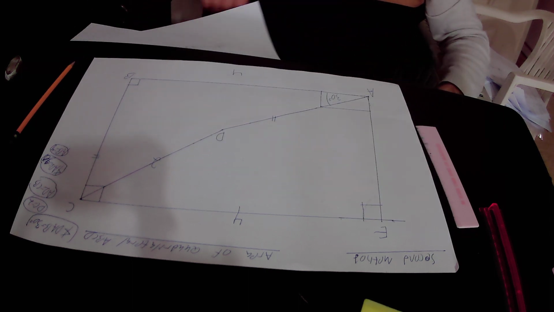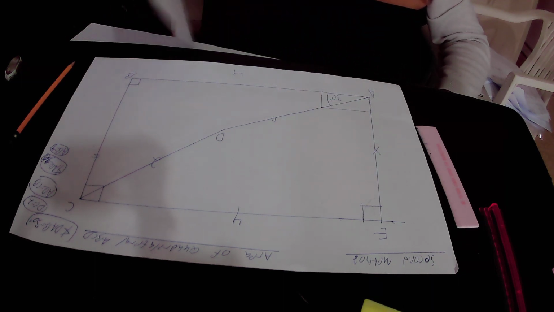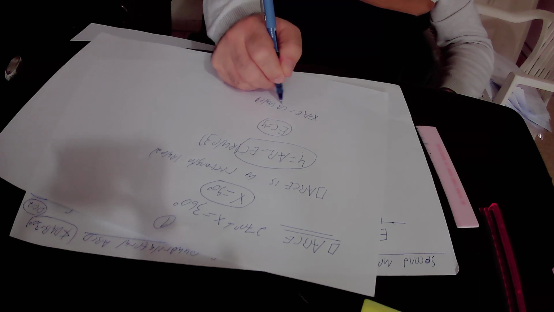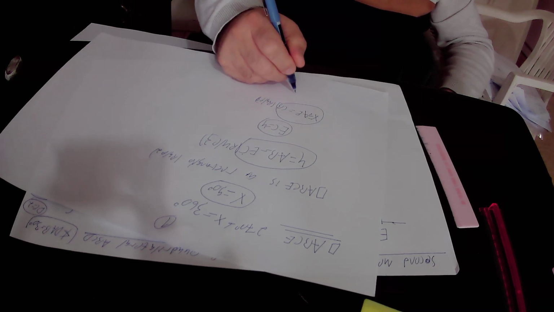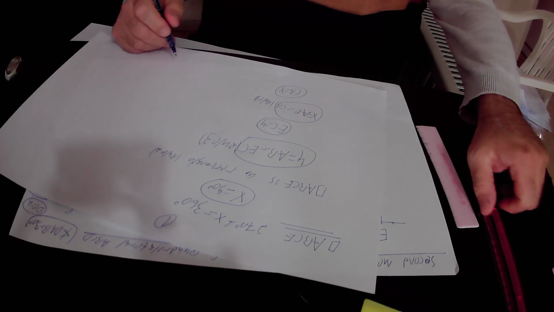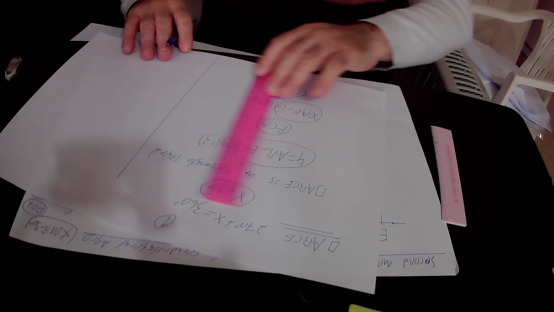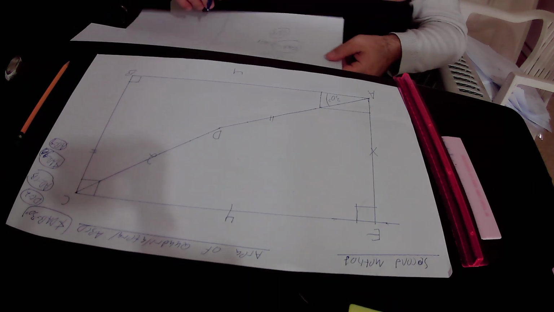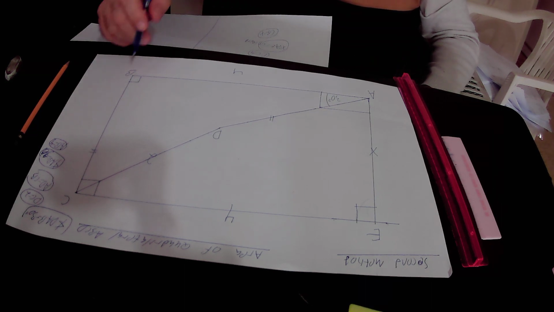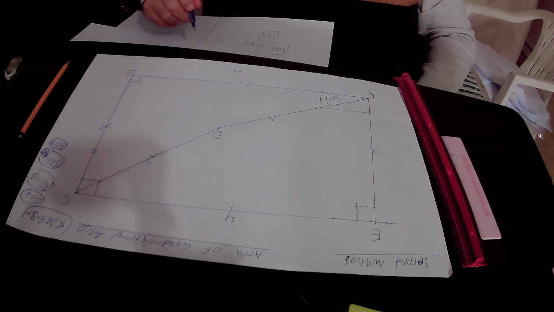And if we define AE as X, from this equation we will derive that CB also equals X. CB equals X.